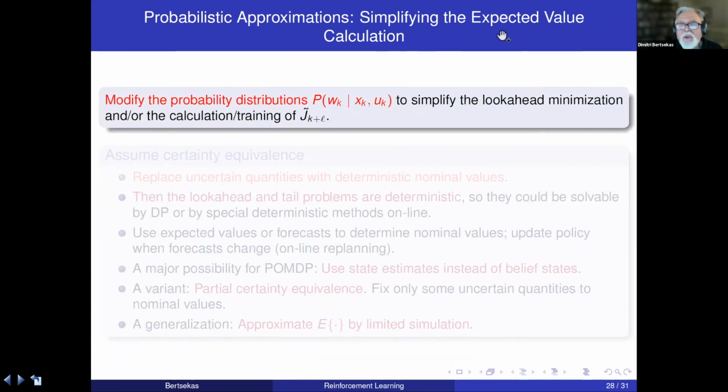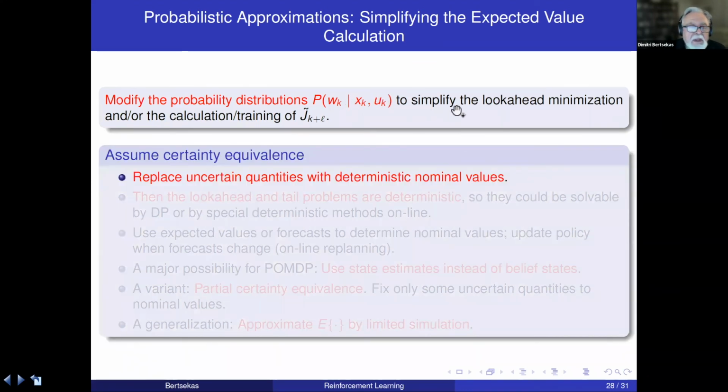Okay, let's focus on simplifying the expected value calculation. Let's consider a case where we're given these probability distributions, but they can be used to calculate expected values, but this calculation is difficult. Then we can modify the probability distribution to simplify the look-ahead minimization and the calculation of the expected value. And one possibility that I mentioned earlier is to replace the uncertain quantities with deterministic nominal values.